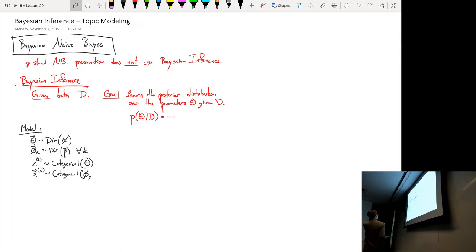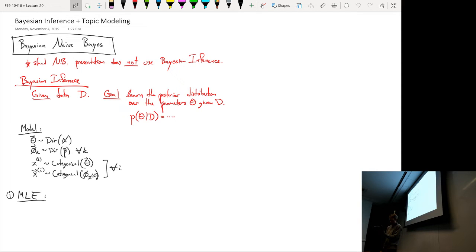So how do we usually learn from data? Well, maximum likelihood estimation. This is option 1 here, which says that the way we should learn parameters is by maximizing likelihood.